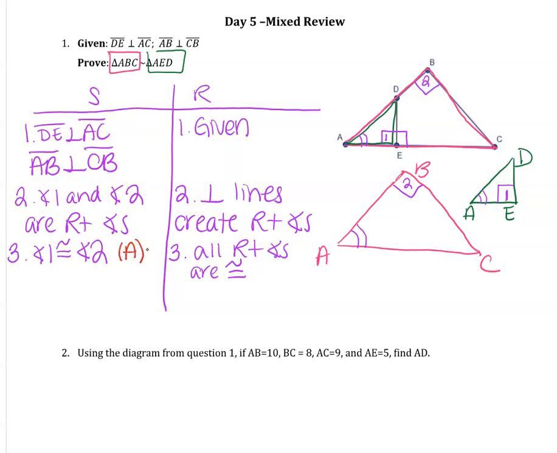Okay, so at this point in my proof, I have shown one pair of angles. Now remember, we need two pairs of angles, so we still need to talk about angle A. So at step 4, I'm going to say that angle A is congruent to itself. Again, that's your reflexive property.